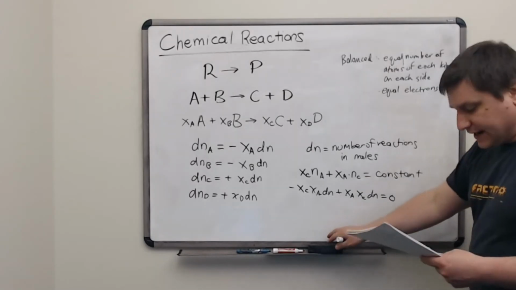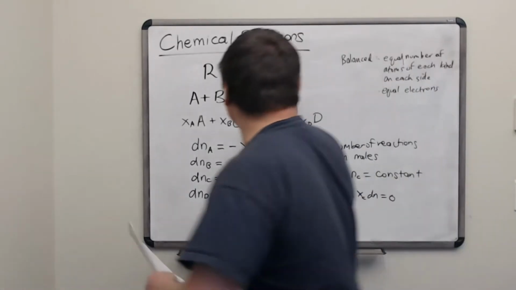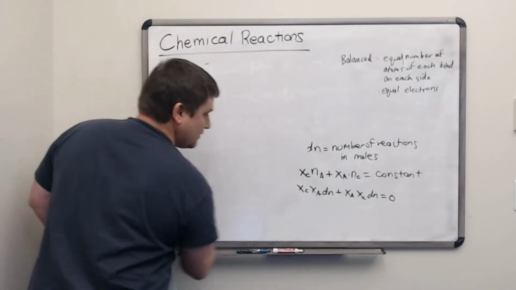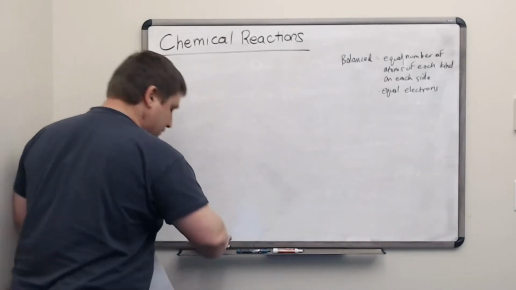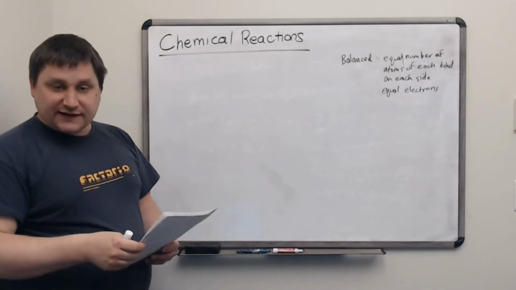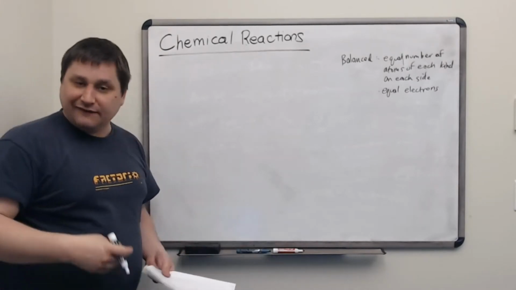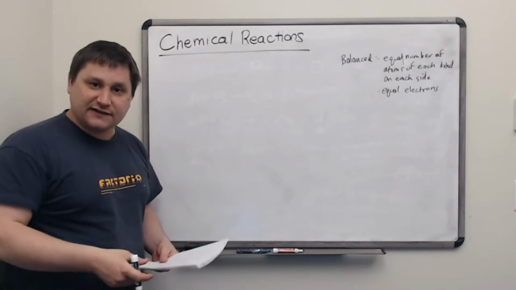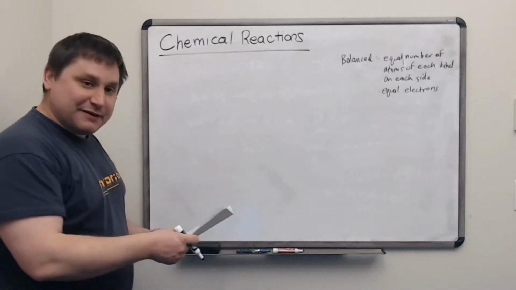It's best to do an example to see how this works out. Since we're doing this in general, I'm going to make up a reaction. I've never heard of this reaction. I don't know what name it is, but I know that it can be balanced.